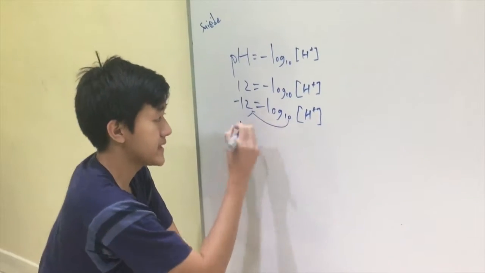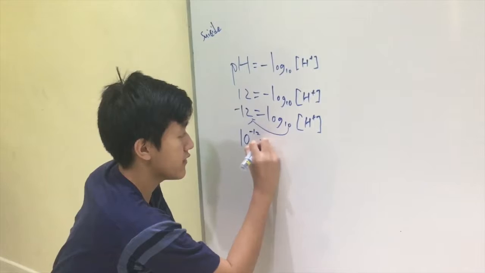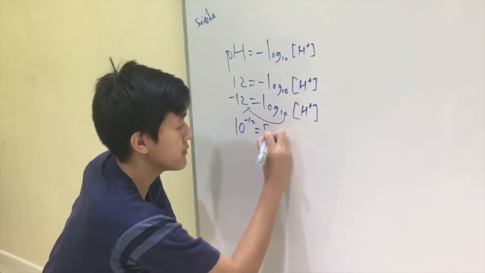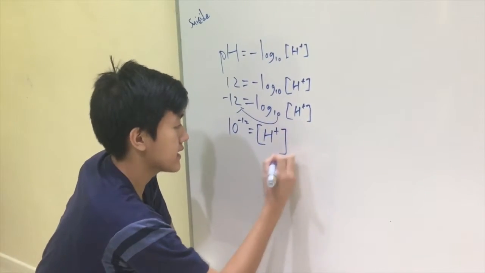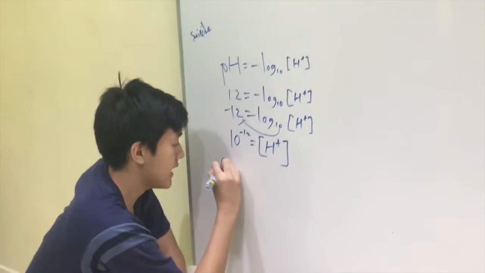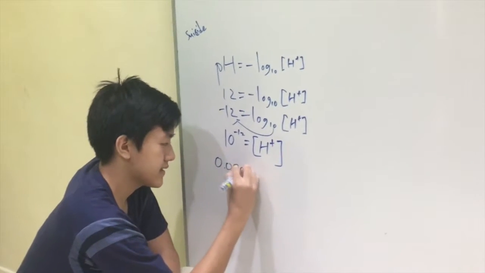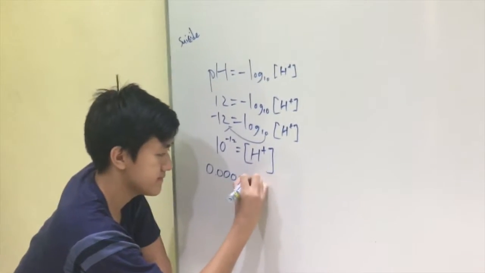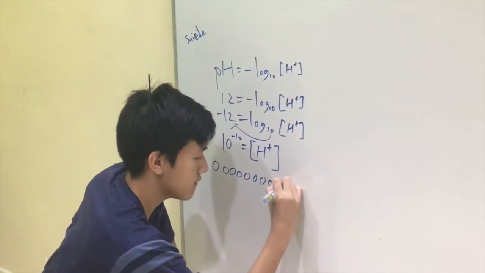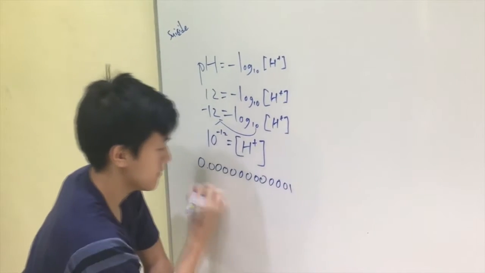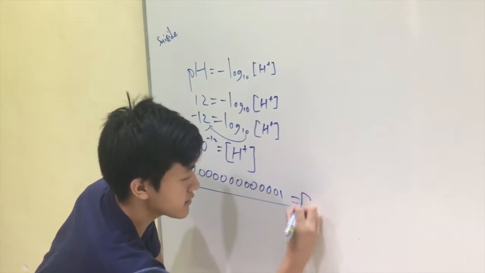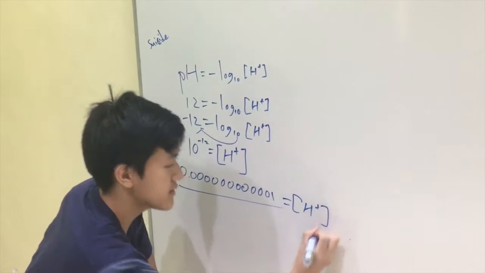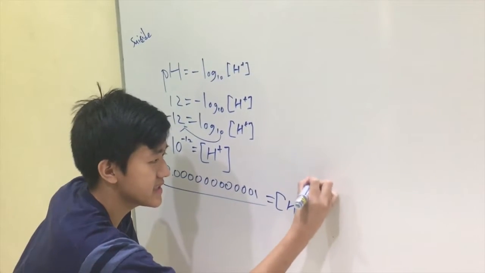Base 10 will remain as base 10, and it becomes negative 12 on top as the power. And you'll have to add this long thing right here. There you go, and it equals this. You can treat this as an x.